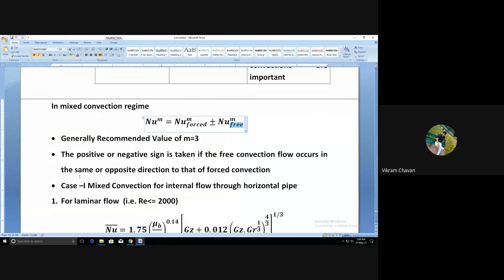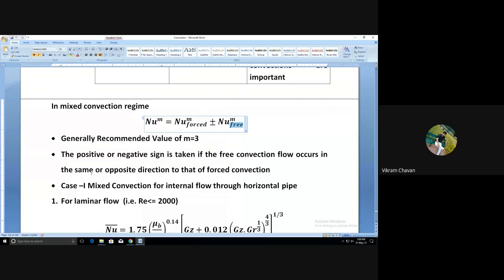That is, Nu forced is equal to, or Nu free is equal to, and determine the heat transfer rate. So in this fashion, the problem statement itself includes the formulas, and we need not worry about them. Most of the time these formulas are very complicated, and because of that they are provided in the problem statement only.